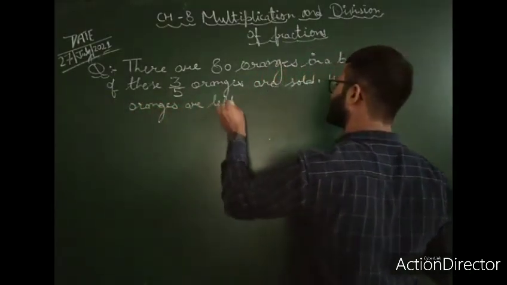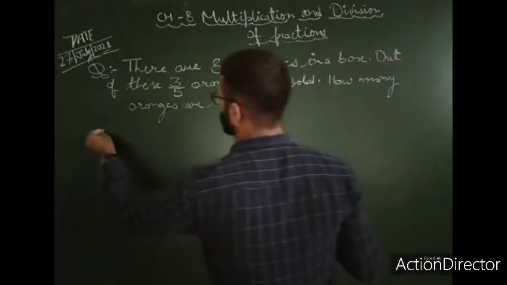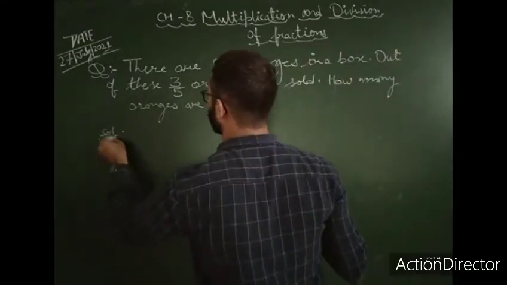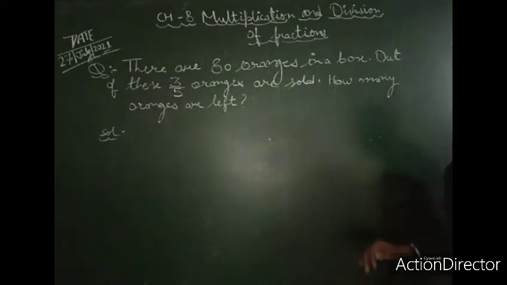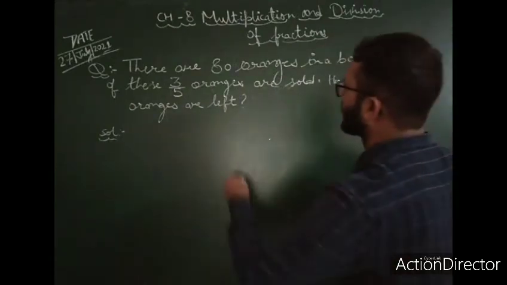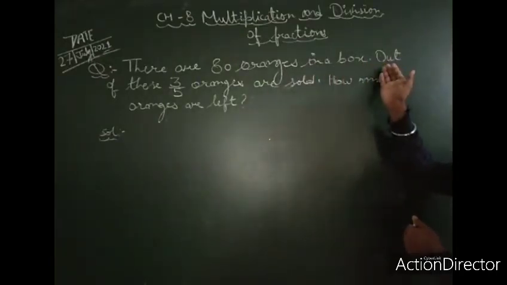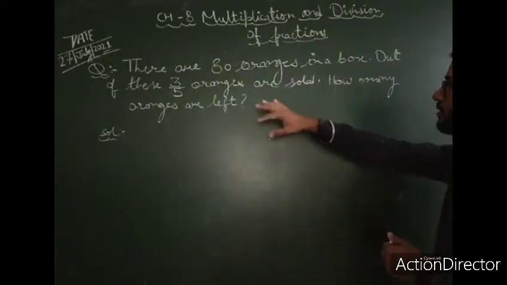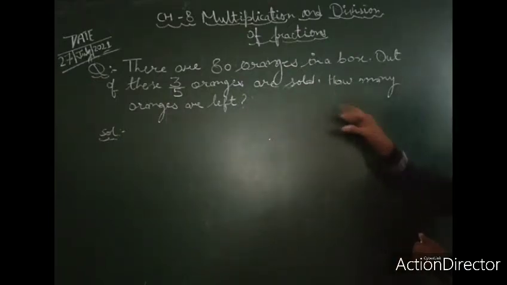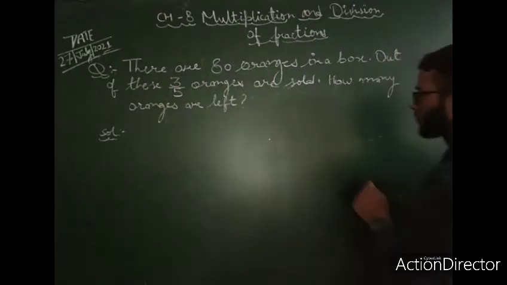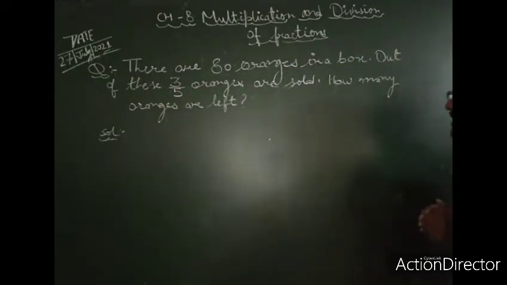How many oranges are left? So here first we write the given values, and the question is, there are 80 oranges in a box. Out of these, 3 upon 5 oranges are sold. The amount sold is equal to 3 upon 5 oranges, and how many oranges are left here?